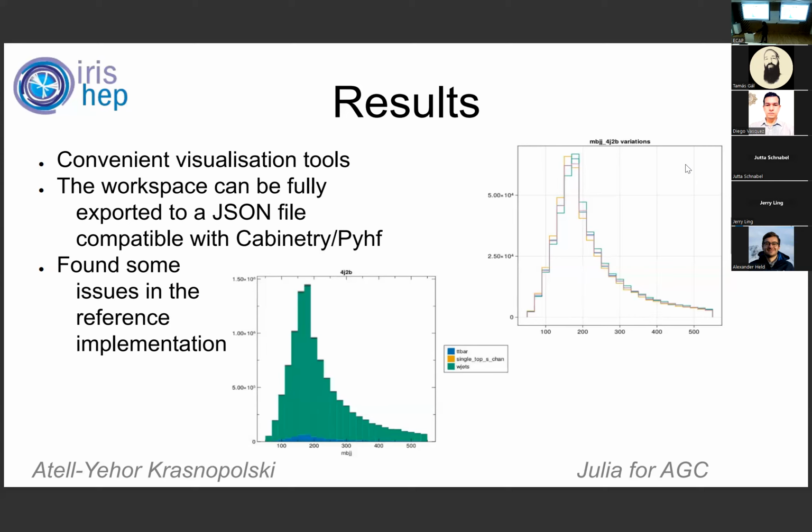In many cases, the keys and values are swapped. In many cases, it's just different names for different stuff. So you need to code up the ways of renaming. The names of those systematic variations are different in cabinetry than for us or the reference implementation.